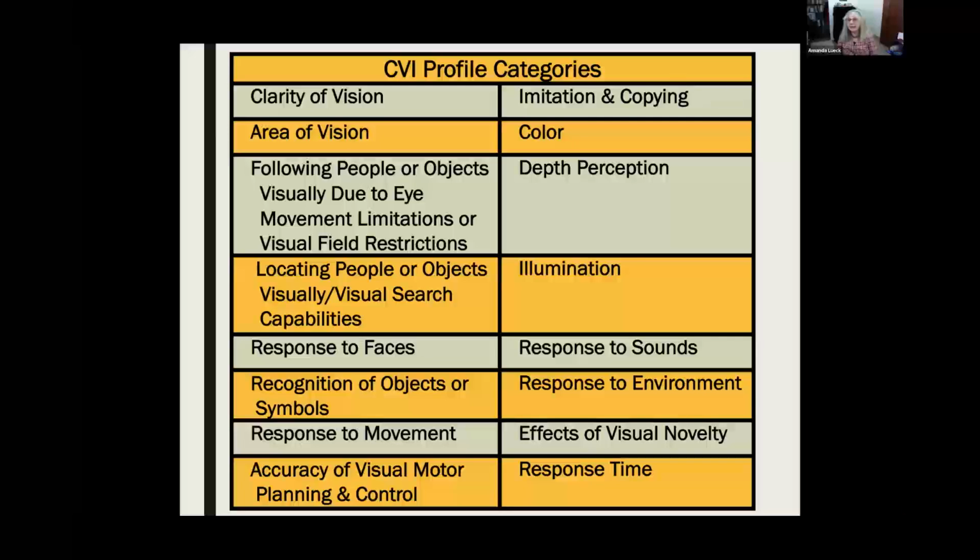Many children with CVI have auditory processing issues, response to the environment, the effects of visual novelty, and response time.